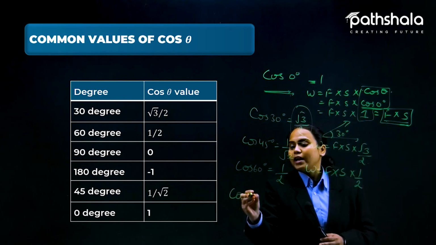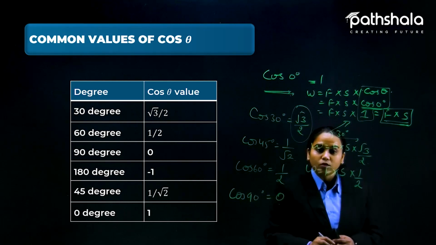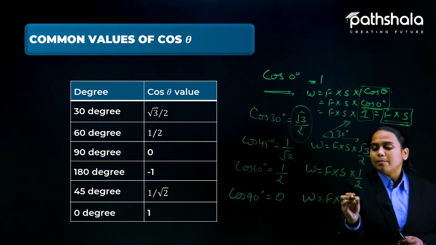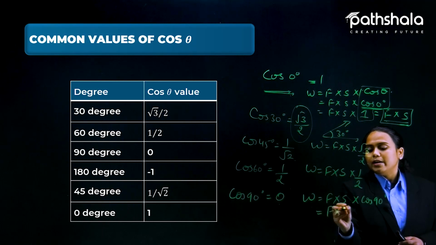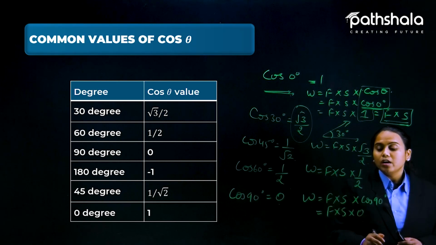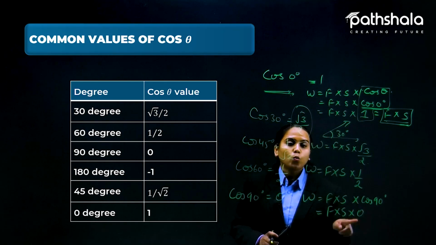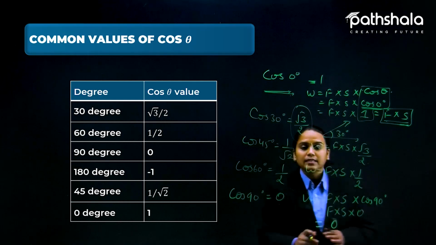Now in case of 90 degree, we have the value 0. Okay, so for multiplying force multiplied by displacement by cos 90 degree, we can put the value 0 here, and you know, students, multiplying any number with 0, you will get the overall result as 0.